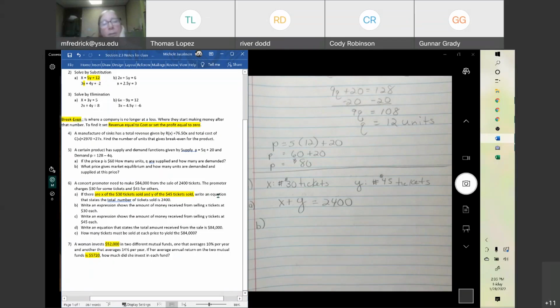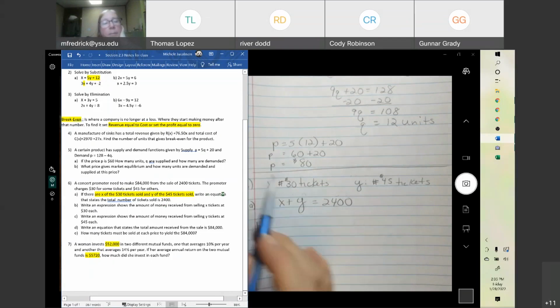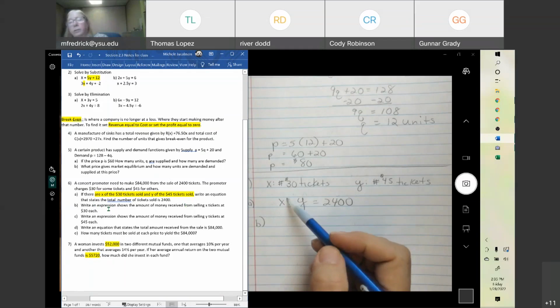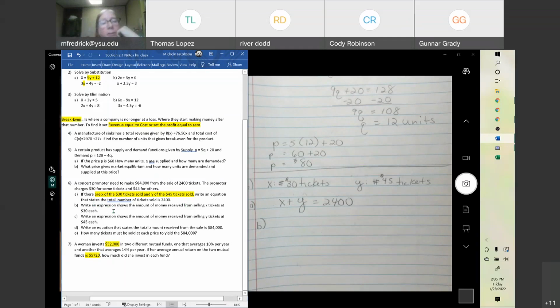An equation has an equal sign. Part B says expression. An expression is part of an equation. Like this is an expression, just X. Write an expression that shows the amount of money received from selling X tickets at $30 each.